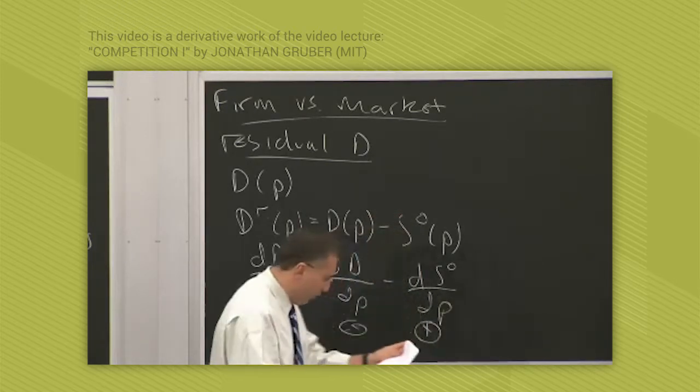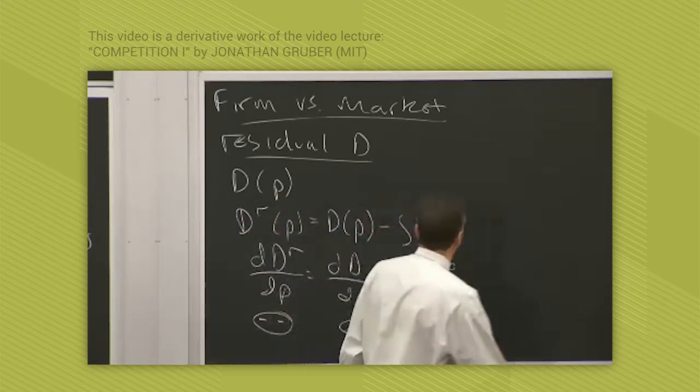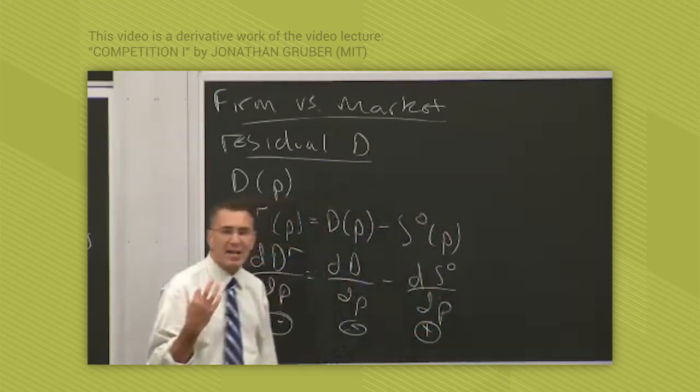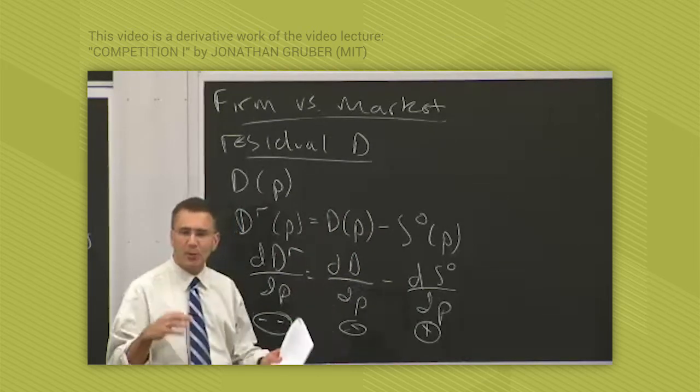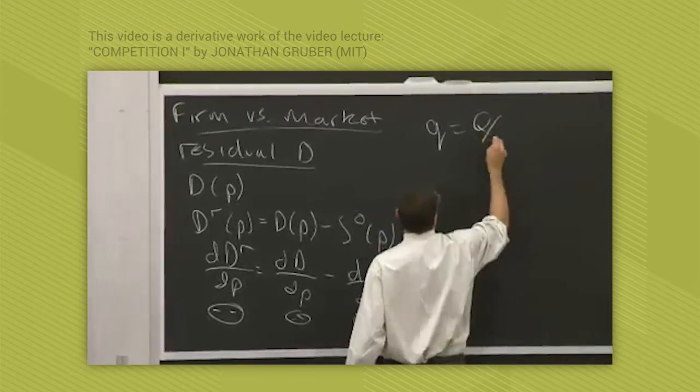So we can rewrite this in terms of elasticities. Let's assume for a second that all firms are identical, so that little q equals big Q over n.